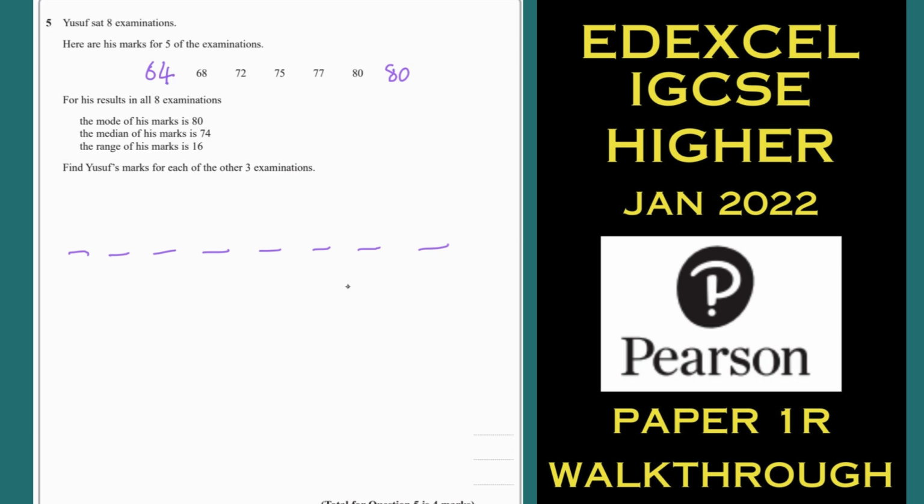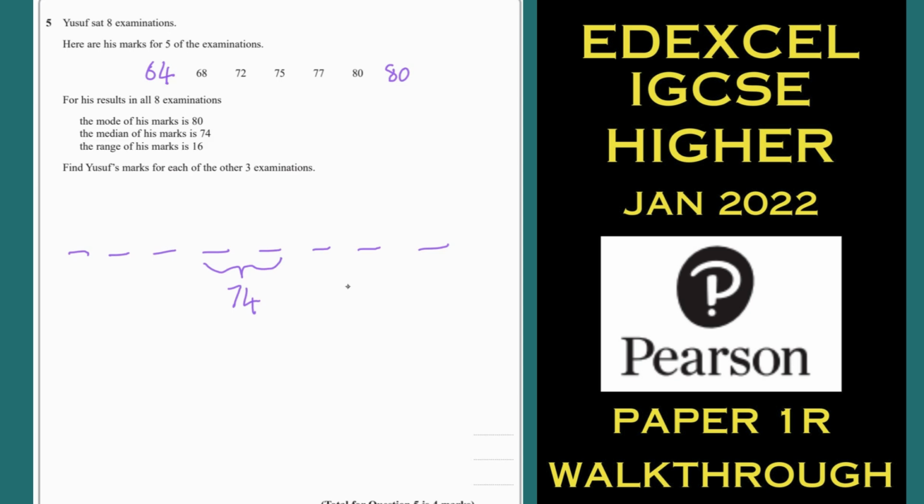But the real clue, now you've got 7 numbers, the 4th and the 5th number must add up and halve to give you 74. So that's relying on this number 75, because 75 at the moment is the median. It's slap bang in the middle of these 7 results.